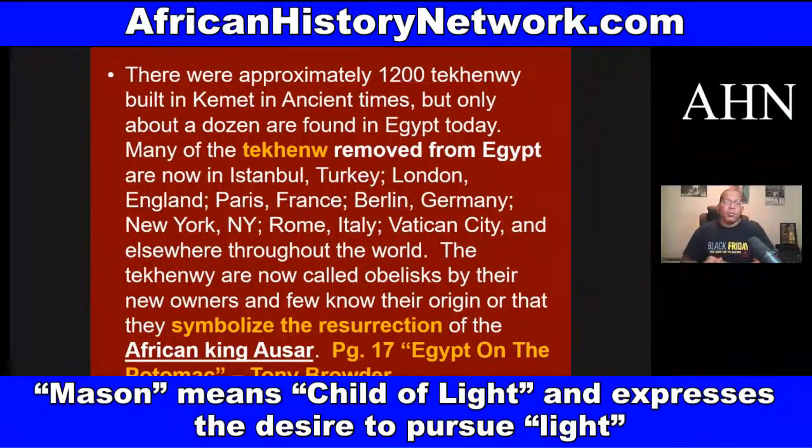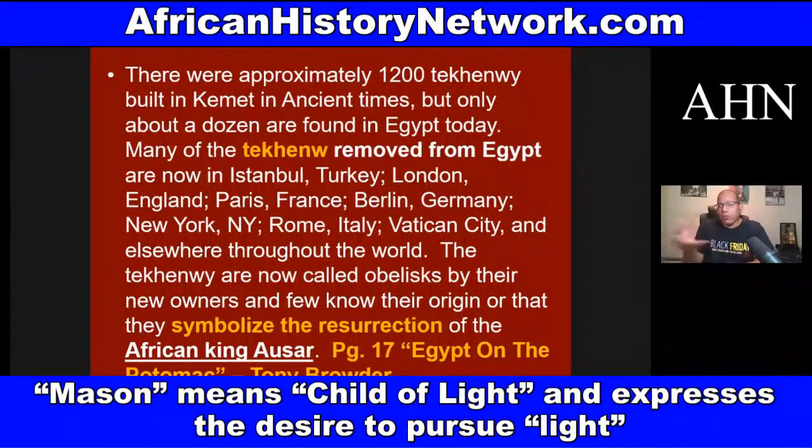Many of the Tekhenu removed from Egypt are now in Istanbul, Turkey, London, England, Paris, France, Berlin, Germany, New York City, Rome, Italy, Vatican City, and elsewhere throughout the world. People will see these and not know that they were physically taken from Africa, or that the symbol originally comes from Africa.